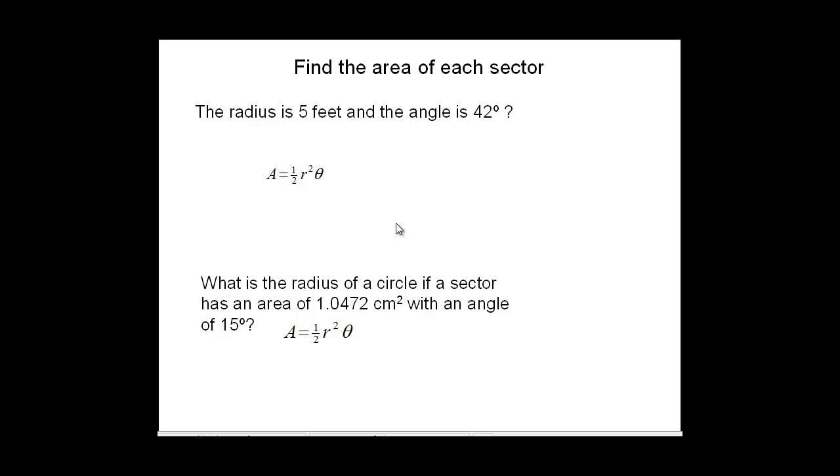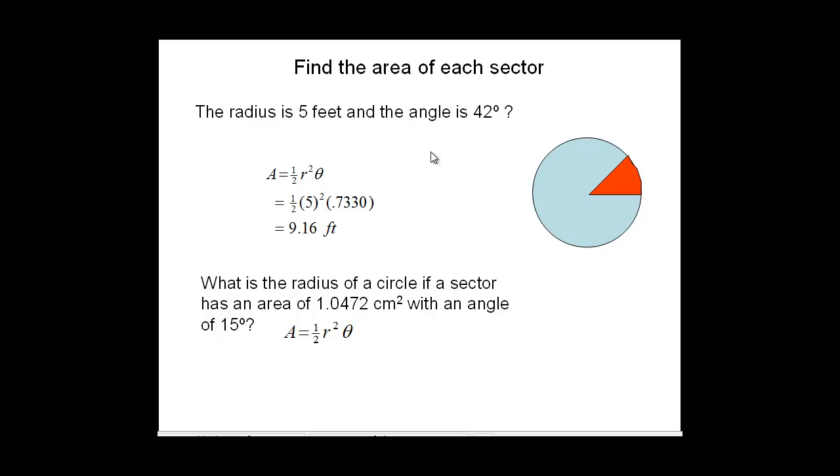Okay, suppose we want to find the area of a sector if the radius is 5 and the angle is 42 degrees. Now, if we're in degrees, we have to convert that. So we have our 1/2, our radius is 5, and our angle is 42 times pi divided by 180.